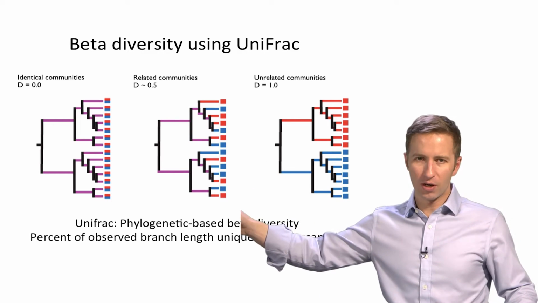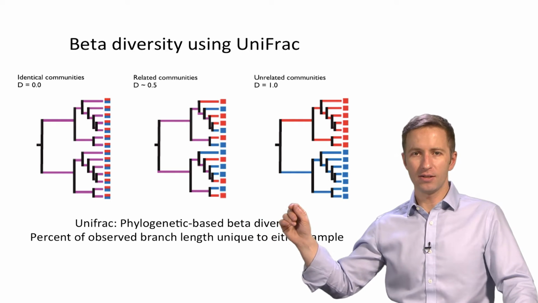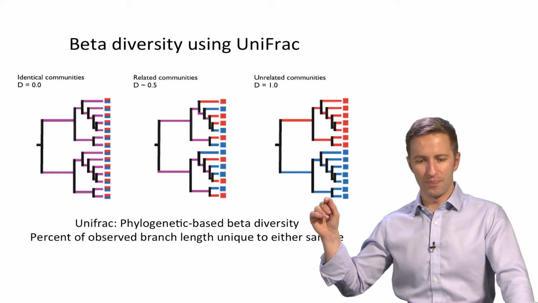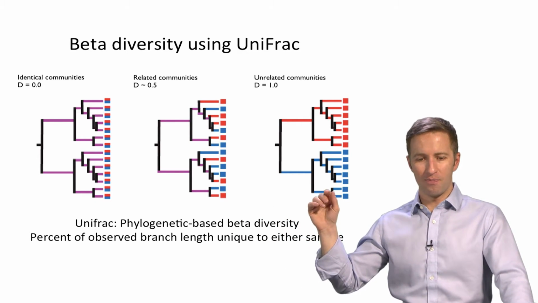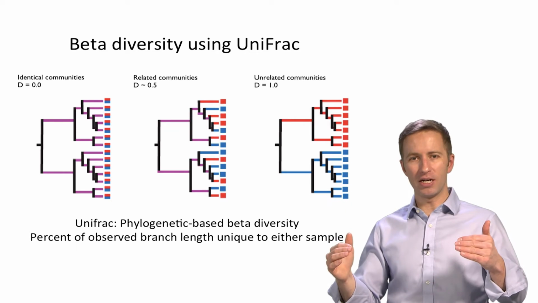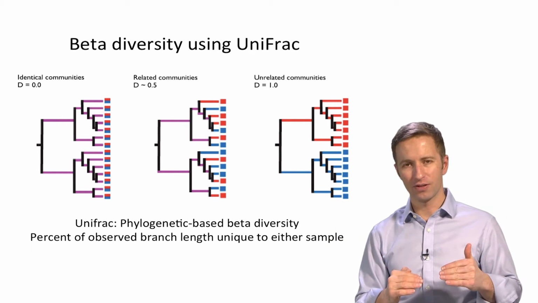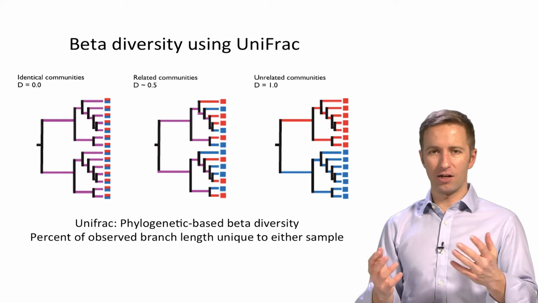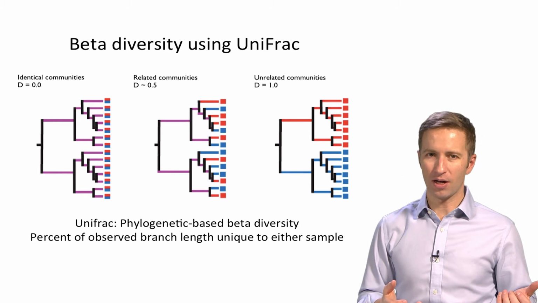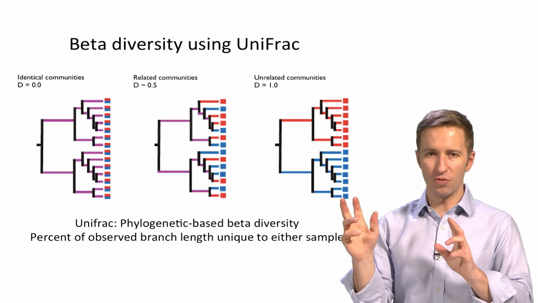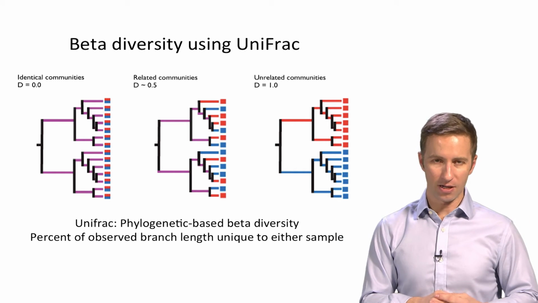So the first one, if you have identical communities, this is where basically each community has bugs in the exact same places in the tree of life, in which case none of the tree is unique to one sample or the other. So the UniFrac distance or unique fraction of the tree would be 0.